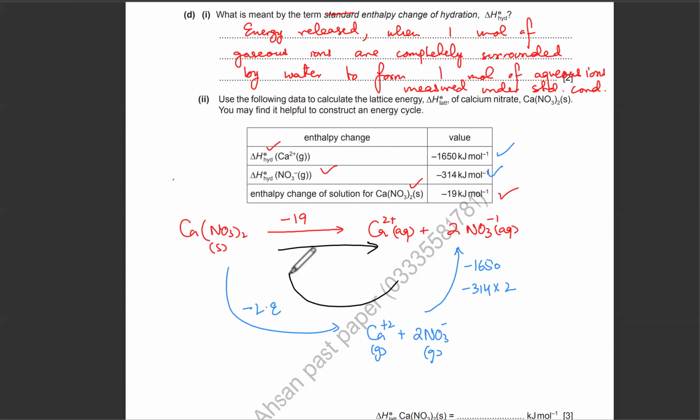So you just have to solve this: minus 19 is equal to minus lattice energy plus minus 1650 plus minus 314 times 2. Can anyone tell me what is lattice energy in this case?